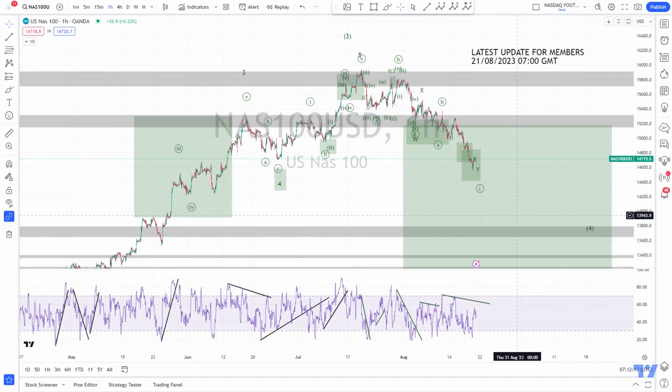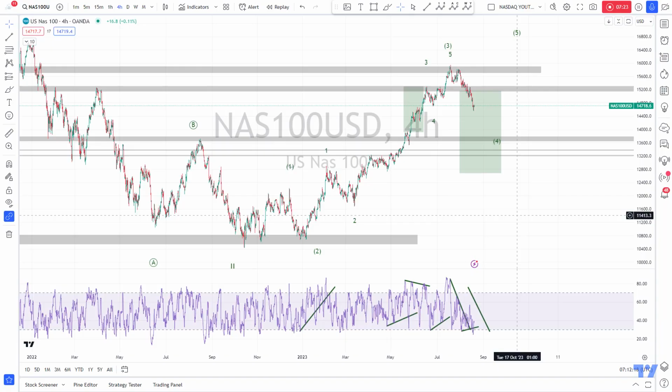If we zoom out, if we go to the 4-hour, like I said, based on the lower time frame, we are reaching the limits for our WXY correction. So the danger is that we do not get WXY, but rather an ABC.